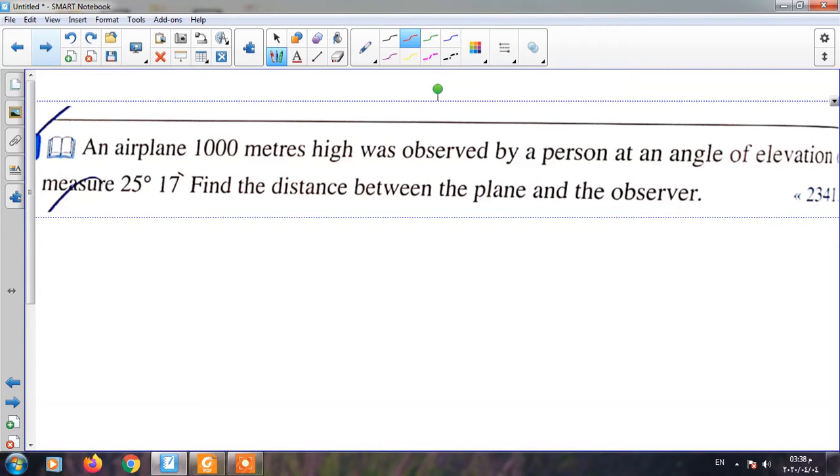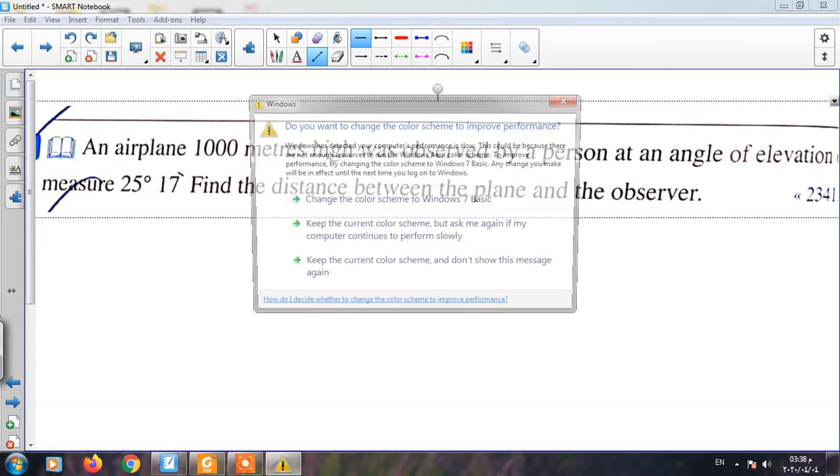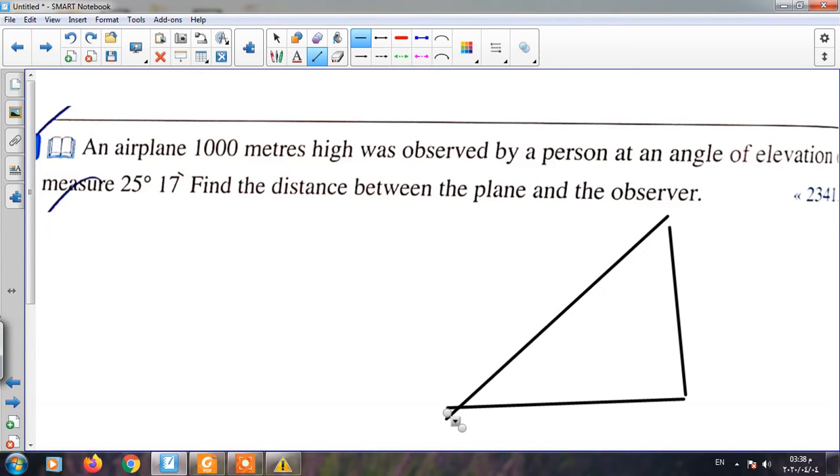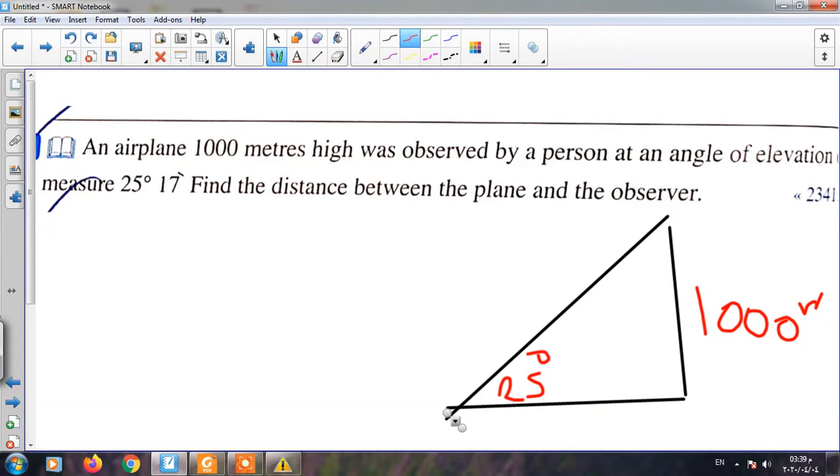You have a plane at a height of 1000 meters, and someone looks at it from this place with an angle of elevation of 25 degrees and 17 minutes. Find the distance between the plane and the observer.